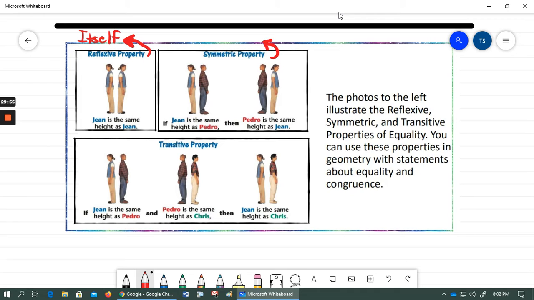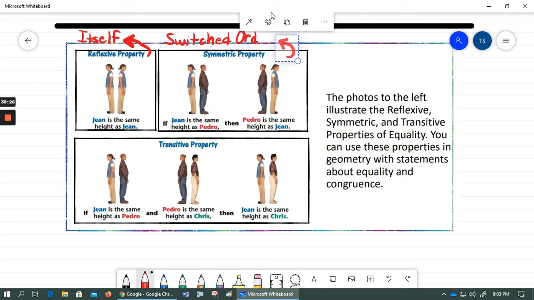Did y'all see what they did? They switched the order of the equality, or they may switch the order of the congruence. Again, it could be a congruent statement, or it can be some type of equality statement, and we know an equality statement is, of course, an equation.